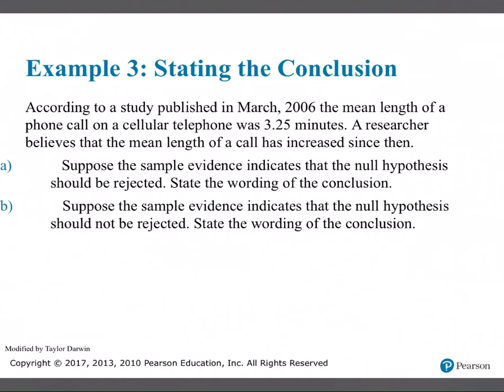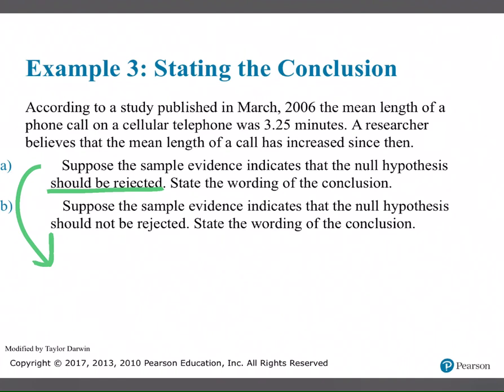But according to a study published in March 2006, the mean length of a phone call on a cellular telephone was 3.25 minutes. A researcher believes that the mean length of a call has increased since then. Suppose the sample evidence indicates that the null hypothesis should be rejected. State the wording of the conclusion.